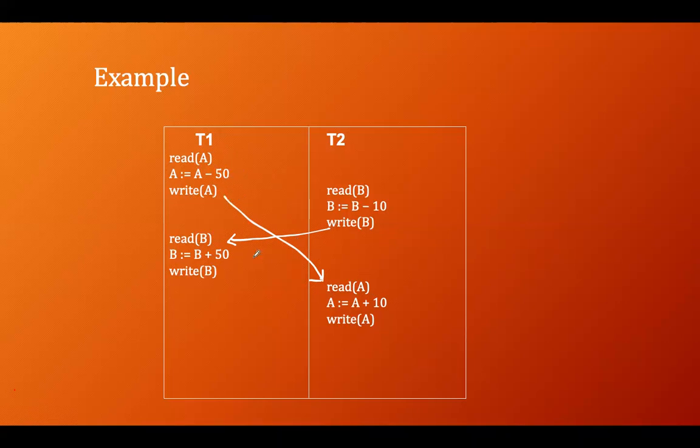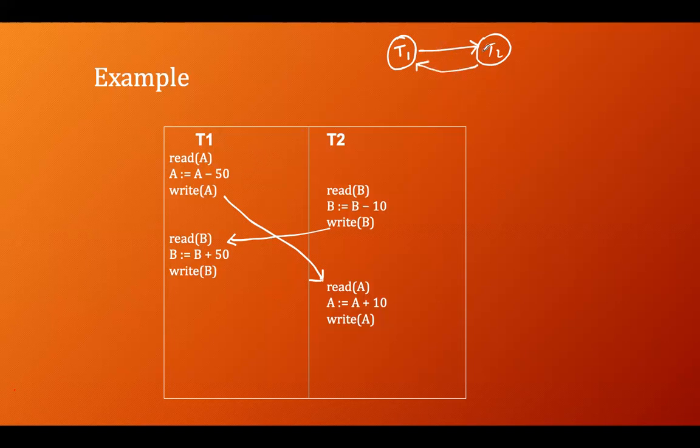Meaning in between, there is no operation on A. There is only this operation on A. So what type of precedence graph will we get? T1 to T2 because of this, and then T2 to T1 because of this.